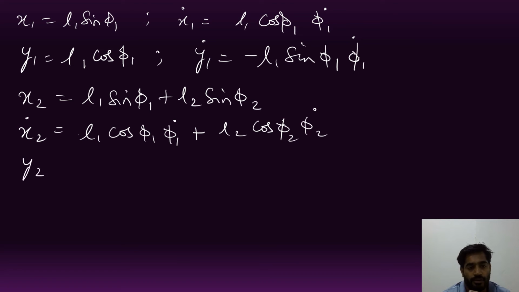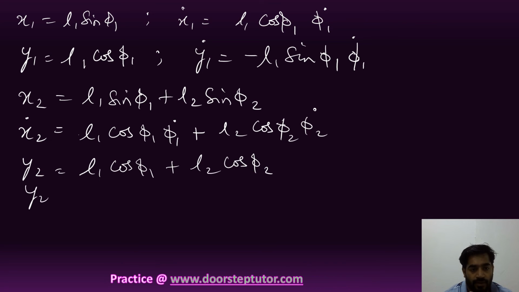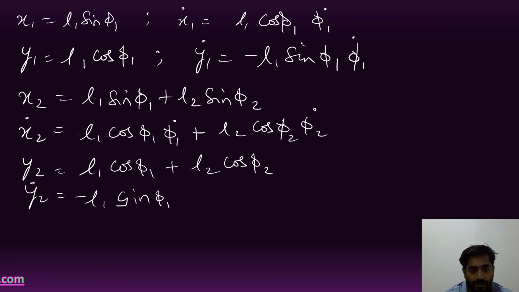And y2 was L1 cos phi1 plus L2 cos phi2, so y2 dot is minus L1 sin phi1 phi1 dot minus L2 sin phi2 phi2 dot.